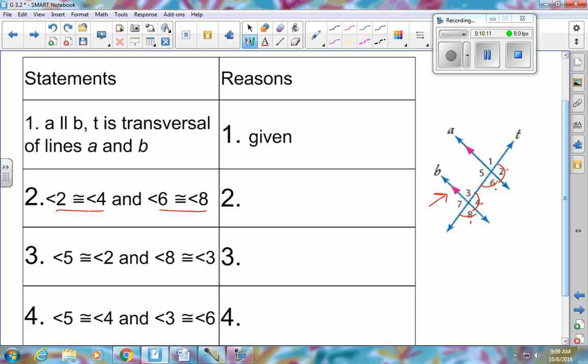So what I just did is I just said that 2, 6, 4, and 8 are all the same. And we know that that's not true even by looking at our picture, so we have to make sure we draw those second arcs. Alright, so like I said, this would be then our corresponding angles postulate.